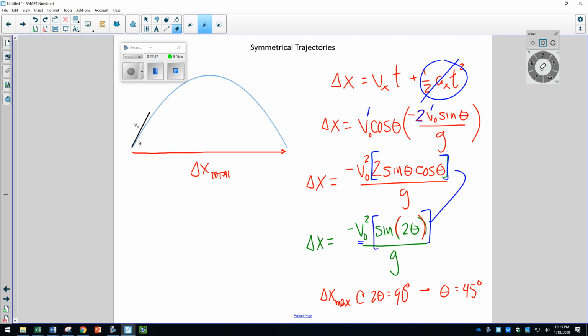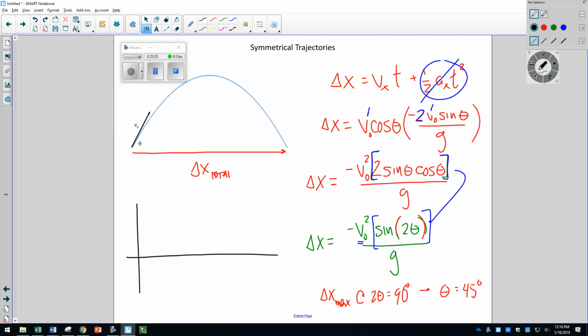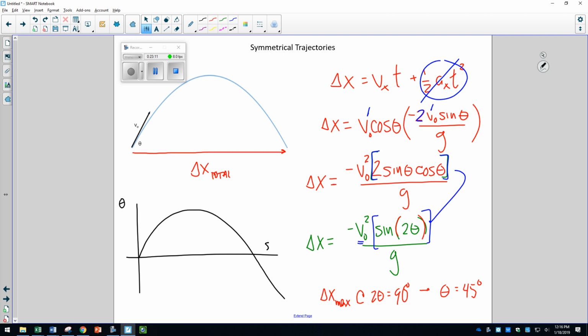This also shows you something that's really cool, and it can come from a little analysis of a sine curve. In particular, here's theta, and this one is the sine of 2 theta.